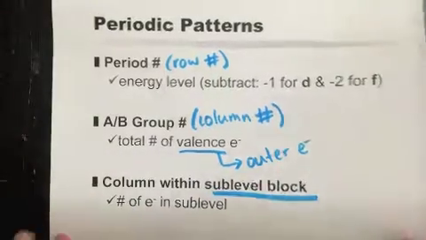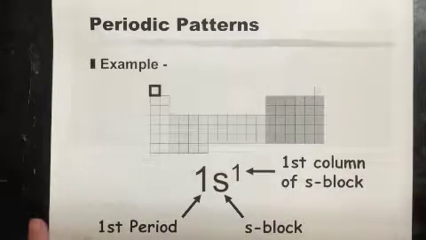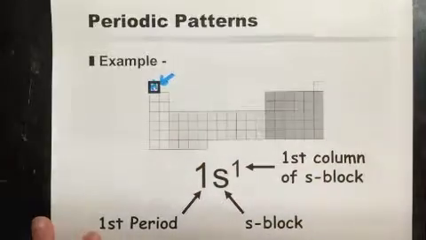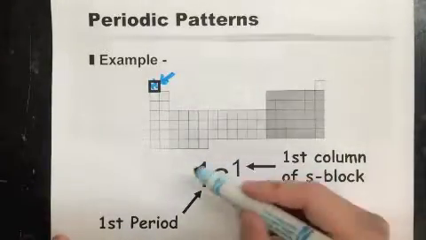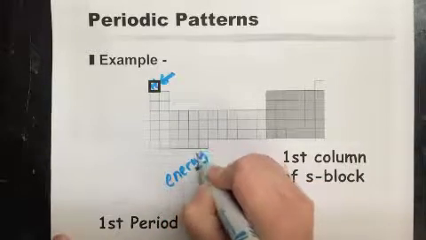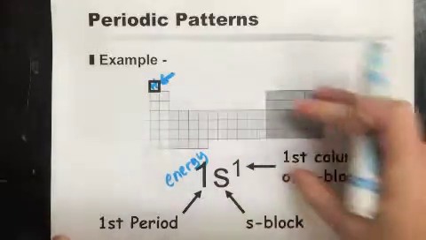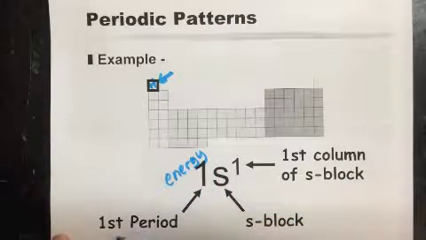Alright, so an example of what I was just talking about. Hydrogen, which is right here on the periodic table. So if we look at this first number that's out in front, the big number, this is your energy level. Okay, so the big number out in front tells you the energy level. Now you're able to use your periodic table as a tool here, so you can tell what energy level you are on based on where you're at in the periodic table.